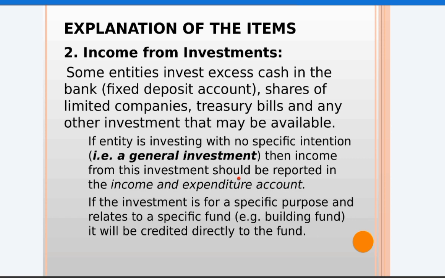So if it is just a general investment, that is, they are not investing for a particular reason or purpose, then income from such an investment should be treated as general income and therefore reported in the income and expenditure account. However, if the investment is made for a particular purpose, like for example, for a building fund, then any income from such a fund is to be credited to that particular fund.